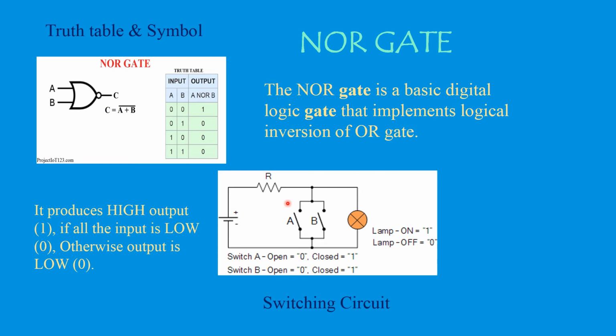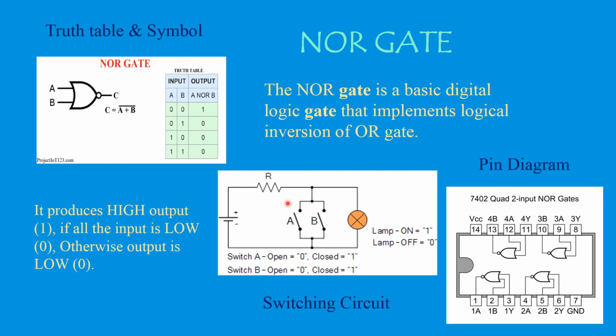Next we'll have your ICs. What is the IC used now? Remember the IC number: IC 7402 is used for the NOR function. Look at this. So far what you have seen is that all the gates inside the IC were facing downward, wherein only for the NOR gate, that is specifically for IC 7402, you will have all your four gates facing upward.